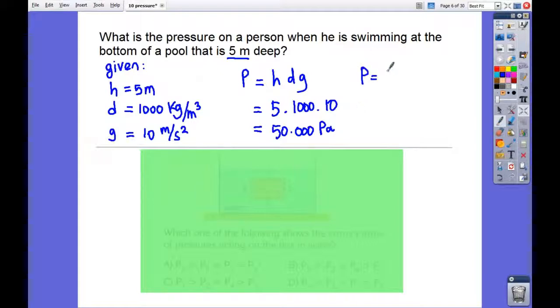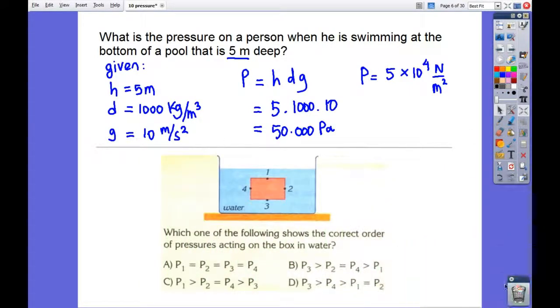Or if we want to write it in scientific notation, we can write it as 5 times 10 to the power of 4 Newton per square meter. So you can use Pascal or Newton per square meter as you wish.